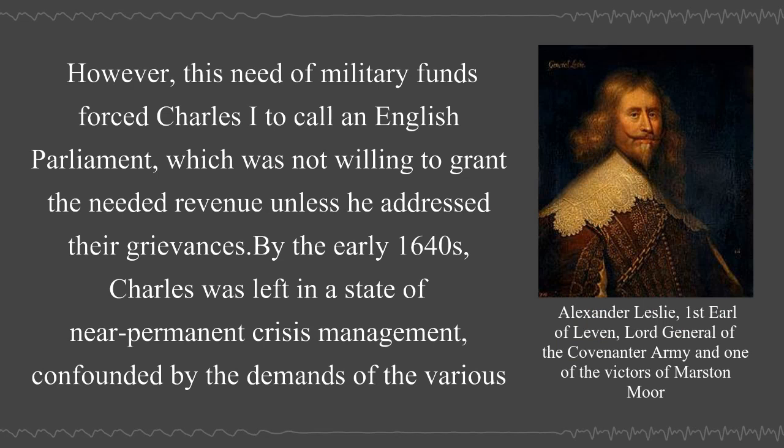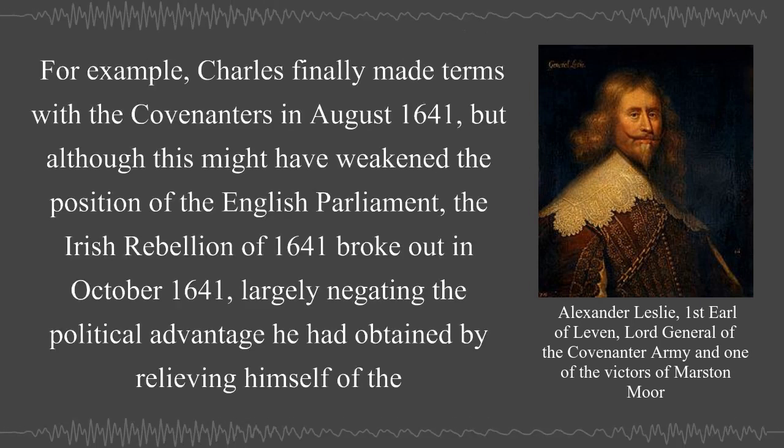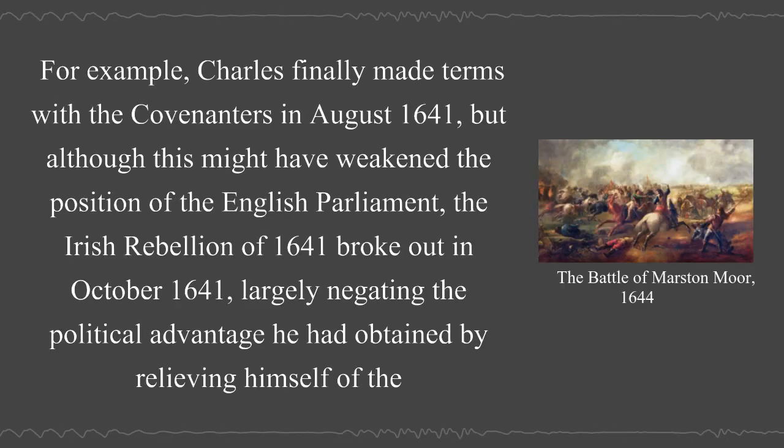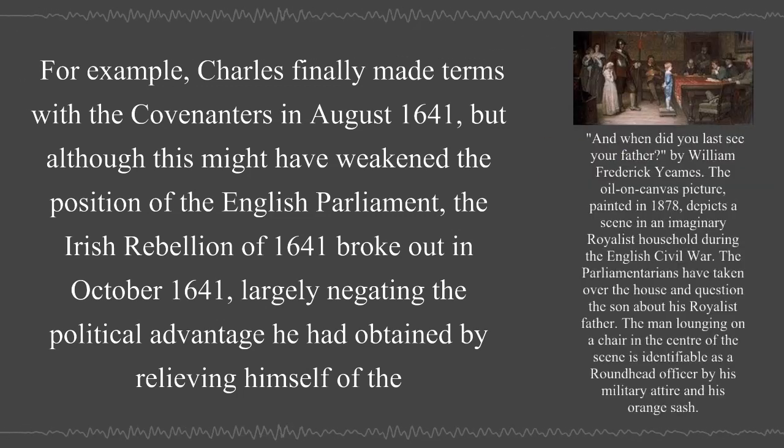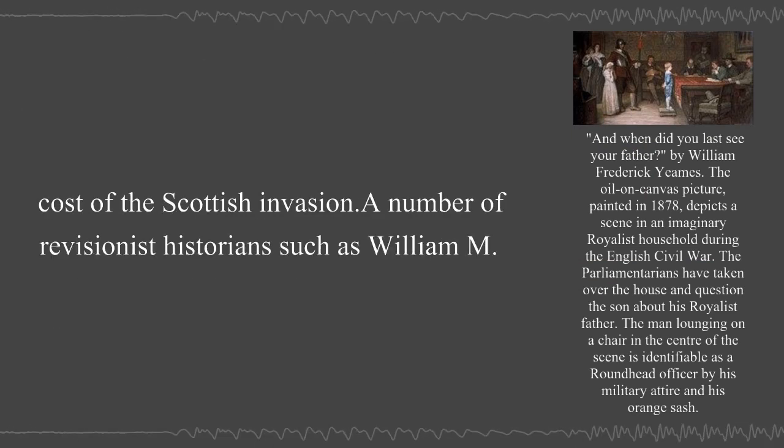By the early 1640s, Charles was left in a state of near permanent crisis management, confounded by the demands of the various factions. For example, Charles finally made terms with the Covenanters in August 1641, but although this might have weakened the position of the English Parliament, the Irish Rebellion of 1641 broke out in October 1641, largely negating the political advantage he had obtained by relieving himself of the cost of the Scottish invasion.